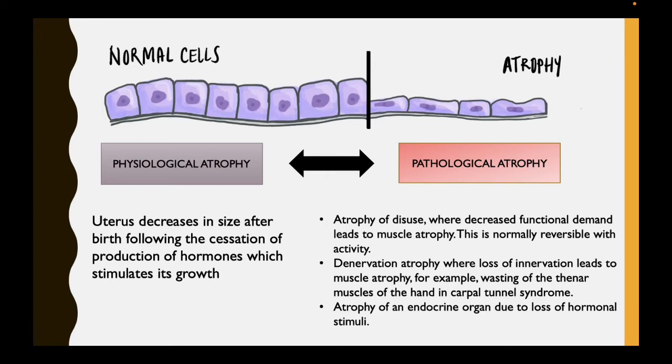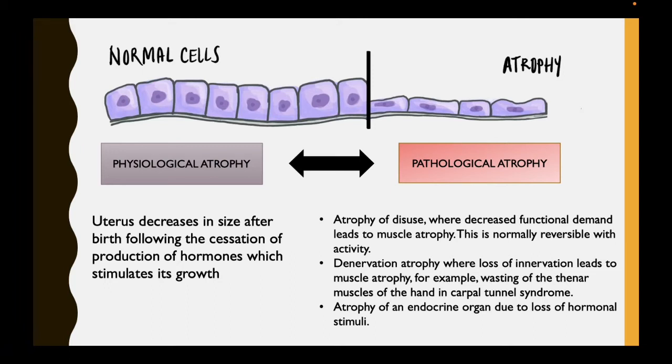And in the case of pathological atrophy, we have many examples. So, one would be the atrophy of disuse, where you have decreasing functional demands which lead to muscle atrophy. And this is actually considered to be reversible with activity. So, when you're not using these specific muscles, or let's say you're in a state of immobilization after some trauma, then these muscles undergo atrophy because you're not using them on a regular basis.